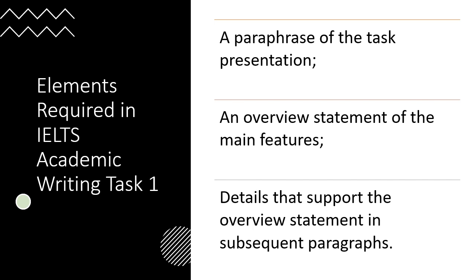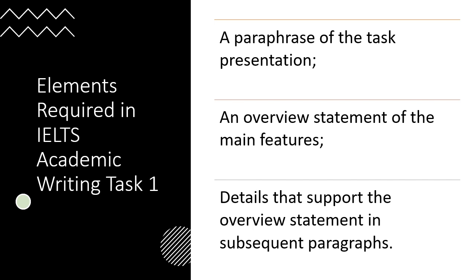This overview sentence is expected to be a comparison sentence, a sentence that compares, usually containing comparison indicators such as more than or comparative adjectives. And finally, you need to provide details such as figures, that is, numbers that support the overview statement in your subsequent paragraphs.